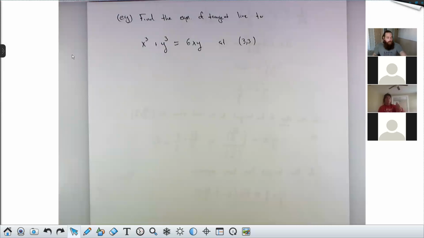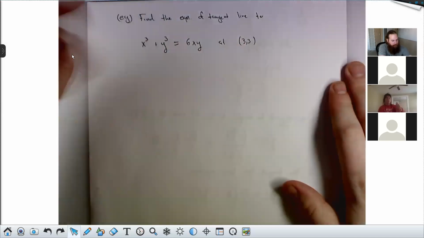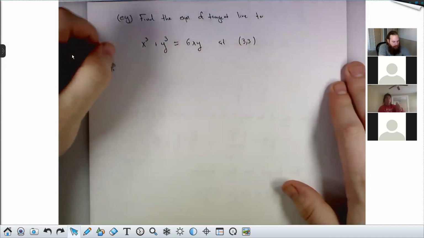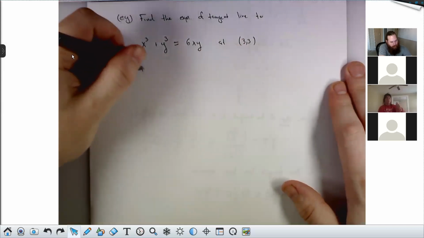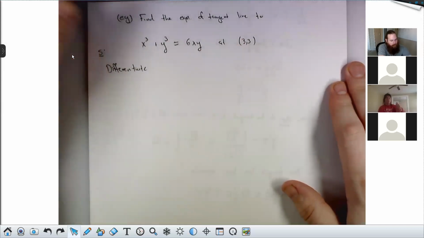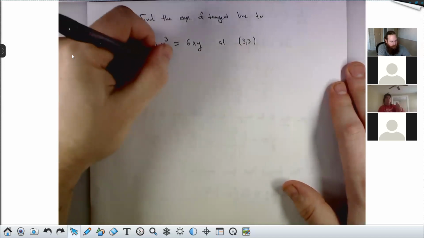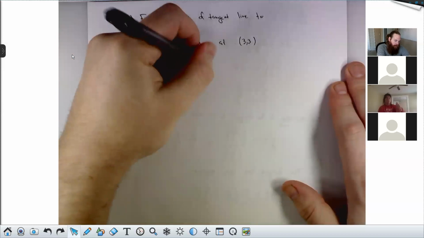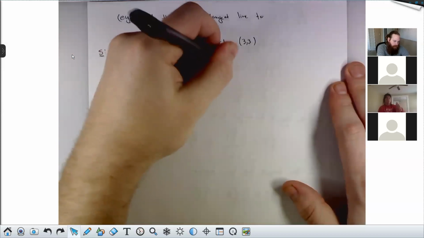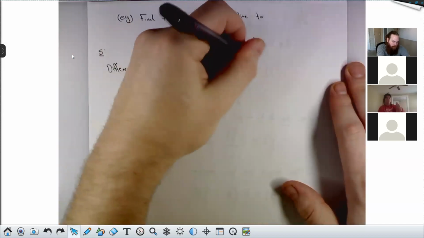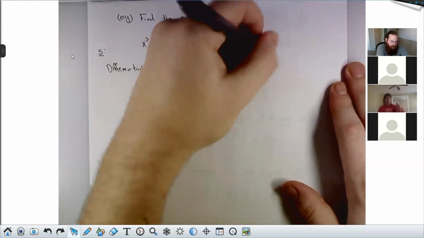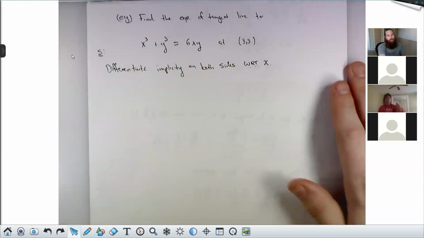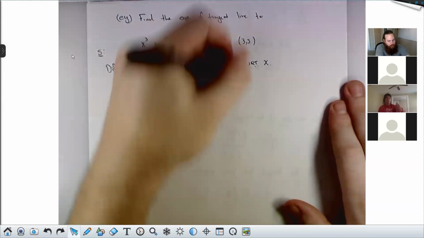So I'm going to differentiate implicitly on both sides with respect to x. So this is my solution. All right, so there's that WRT again, with respect to.